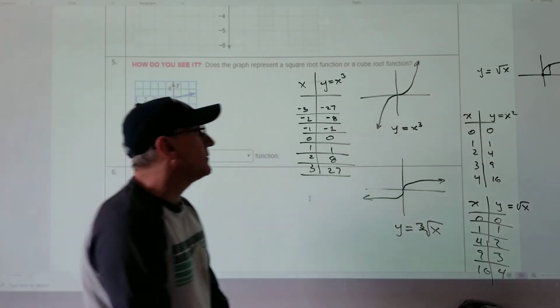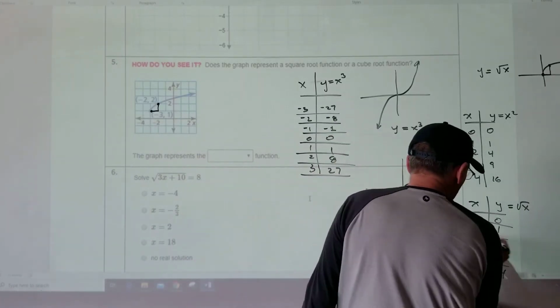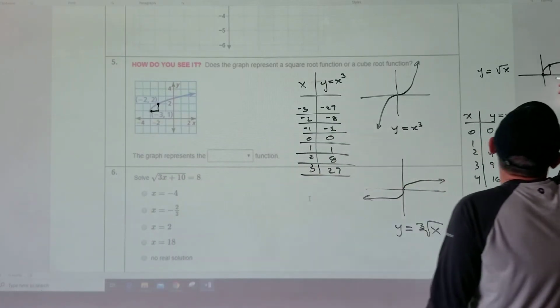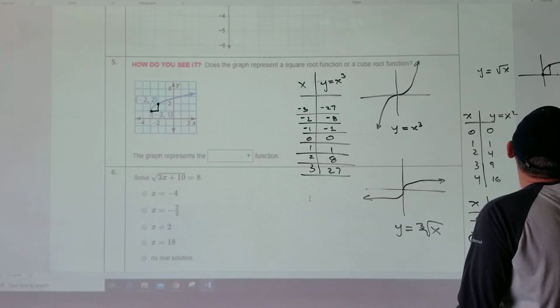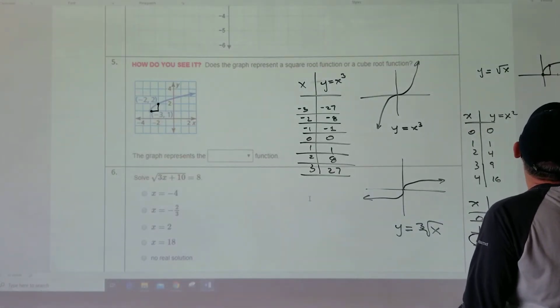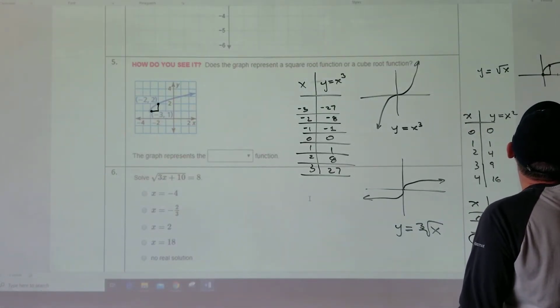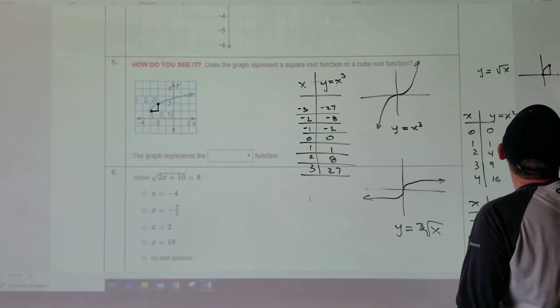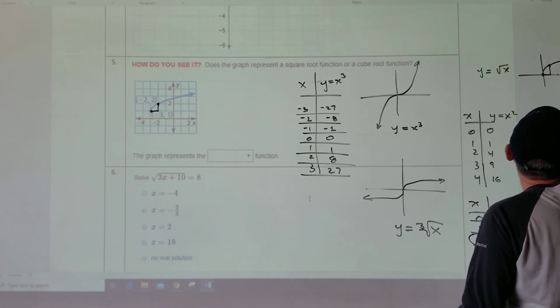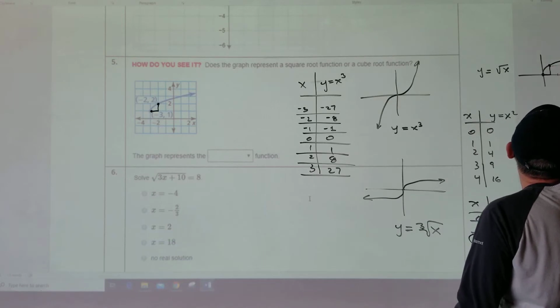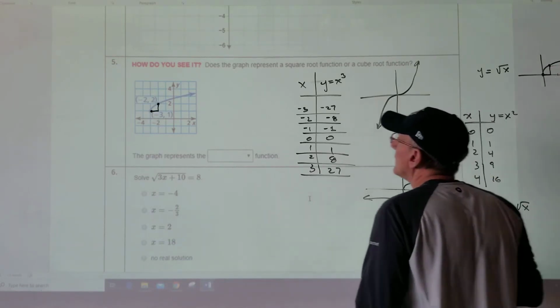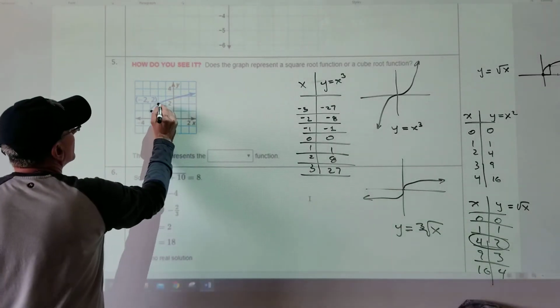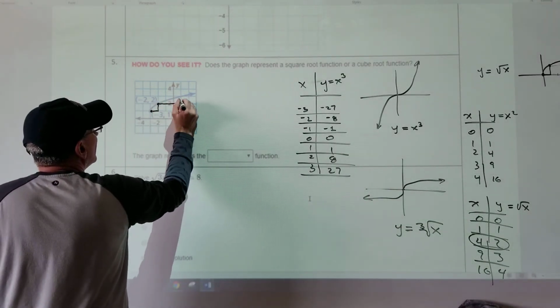However, on the square root function, you get an ordered pair like this: 1, 2, 3, 4, and then 2. And compared to the last point, it's 3 to the right and 1 up. And that's exactly what's happening here. 3 to the right and 1 up.